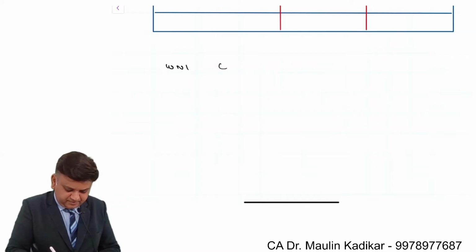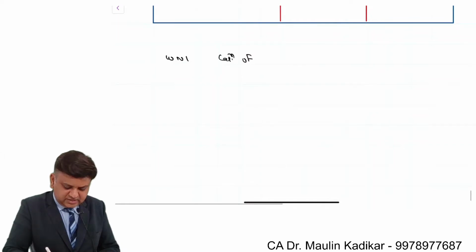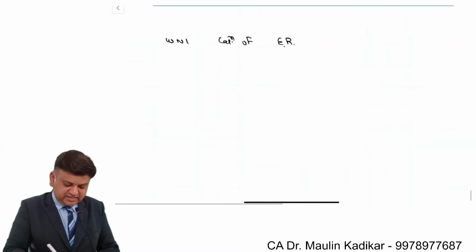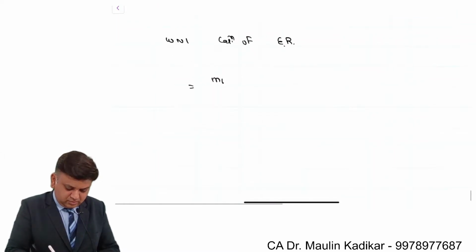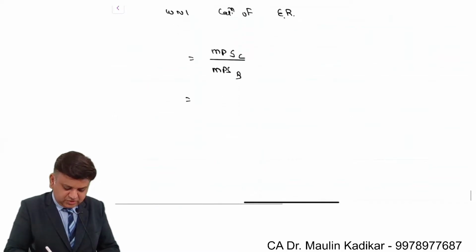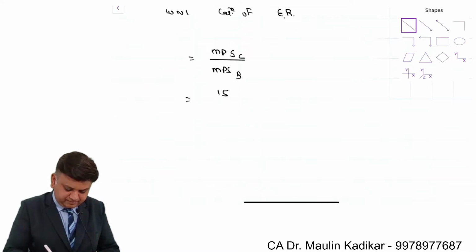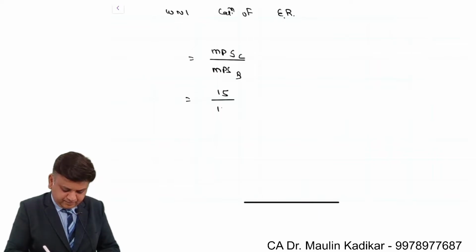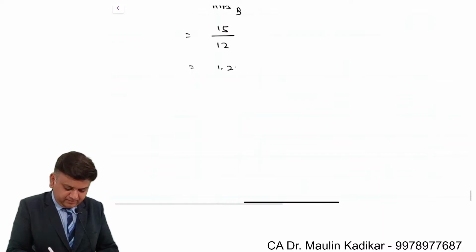Working note number 1, calculation of exchange ratio, which I just explained to you. It is MPS of C upon MPS of B. So it is 15 divided by 12. So the exchange ratio comes to 1.25.